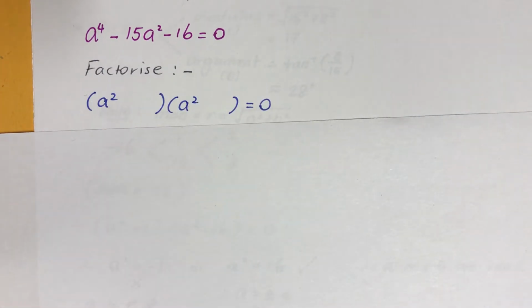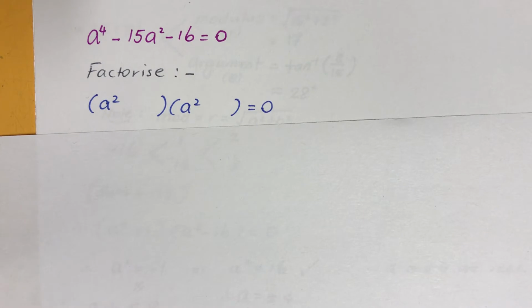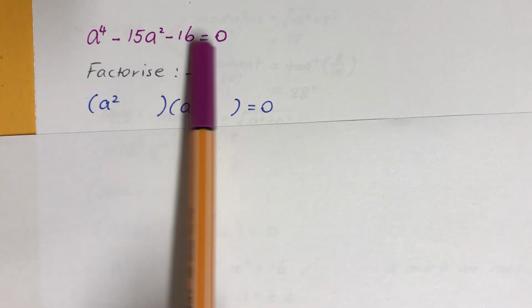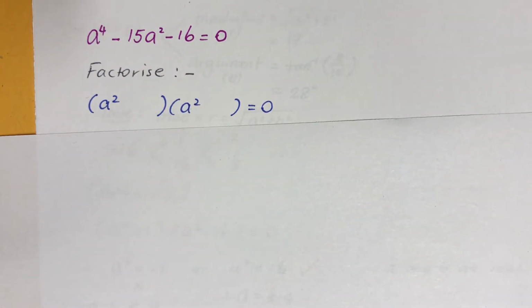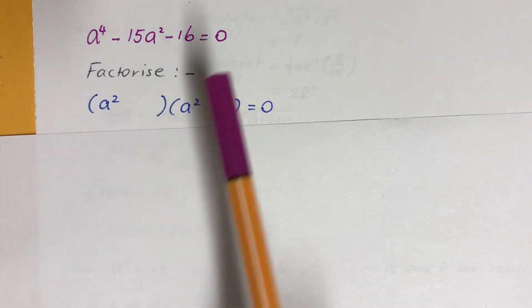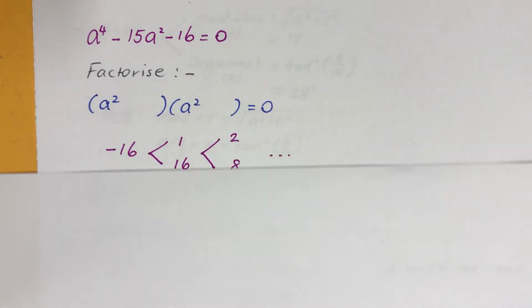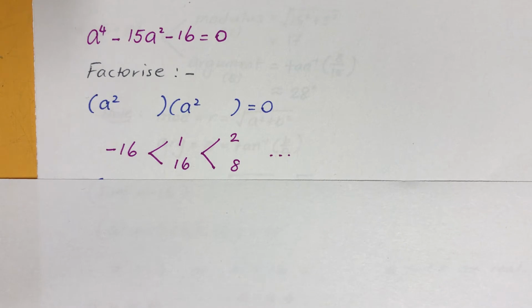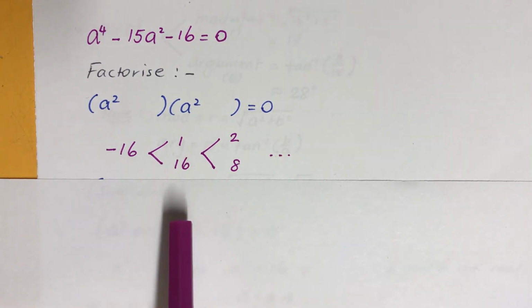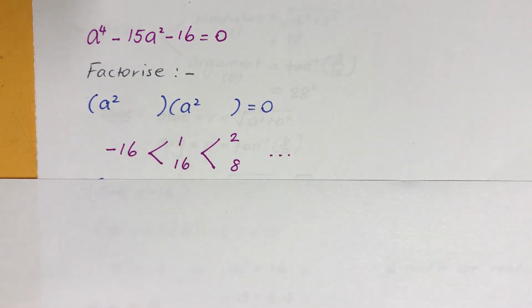Okay, and I'm going to factorize this. I can see that I can actually factorize it without much of a problem. The factors of 16 will be 1 and 16, and 2 times 8 and so on.